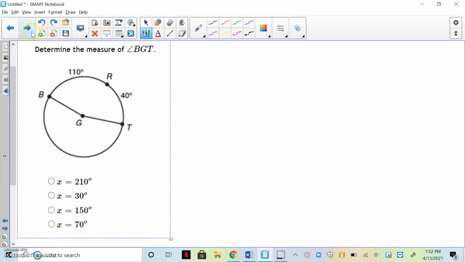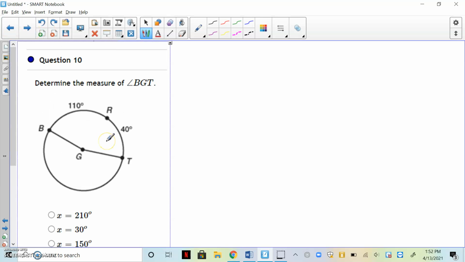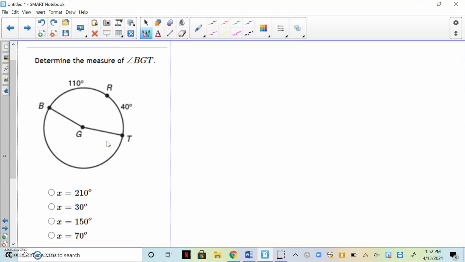Now one more over here. I think that's the last one. Yep. All right. So for angle BGT, that is going to be this angle right here. That big angle. So the first thing we need to notice is that we have 2 arc measures here.